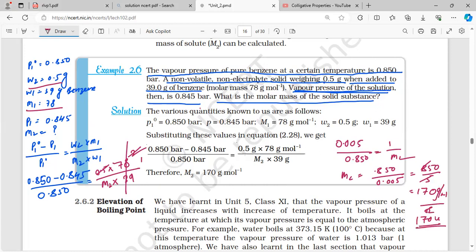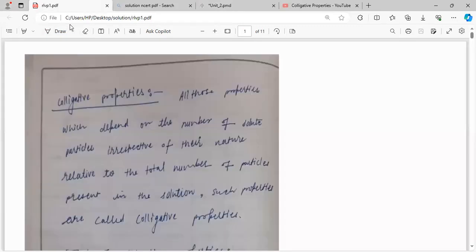Can you understand this one? Yes, sir. Sure. Can I erase this? Yes, sir. Okay. Now I'm giving you some other problem. Just you solve this problem.